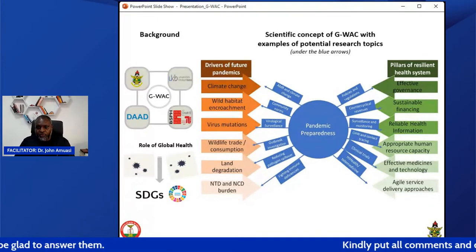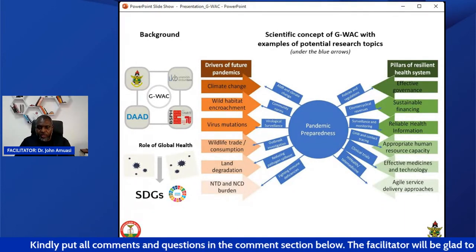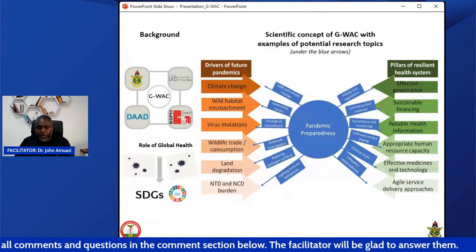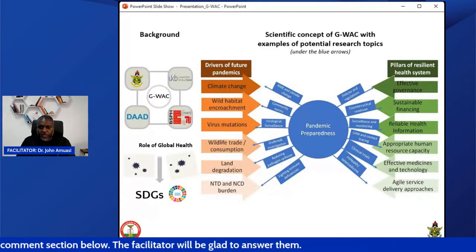And then the pillars of resilient health systems include effective governance, sustainable financing, reliable health information, appropriate human resource capacity, effective medicines and technology, and agile service delivery approaches.